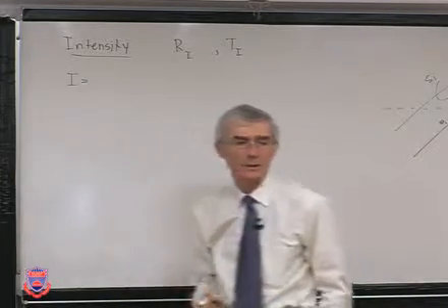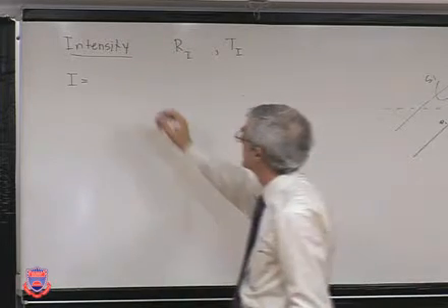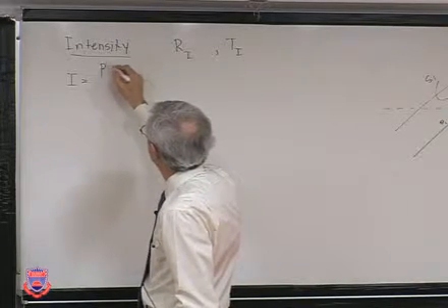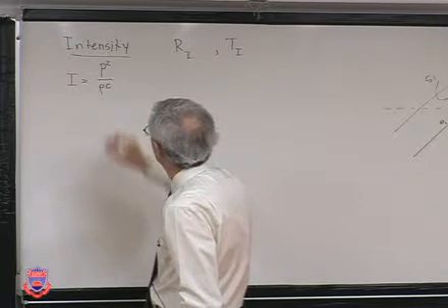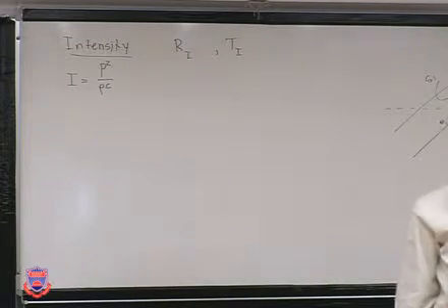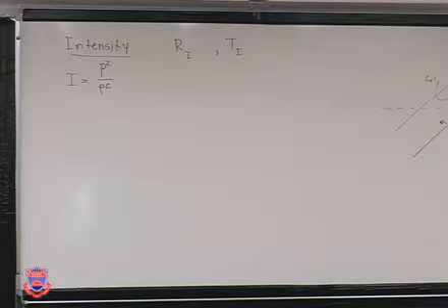in the last unit, we described intensity for a plane wave in terms of sound pressure squared divided by rho and c.